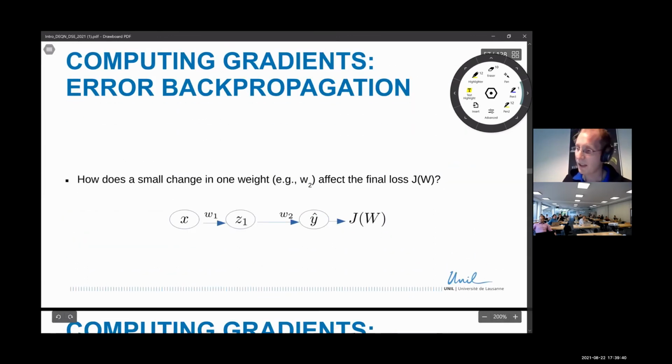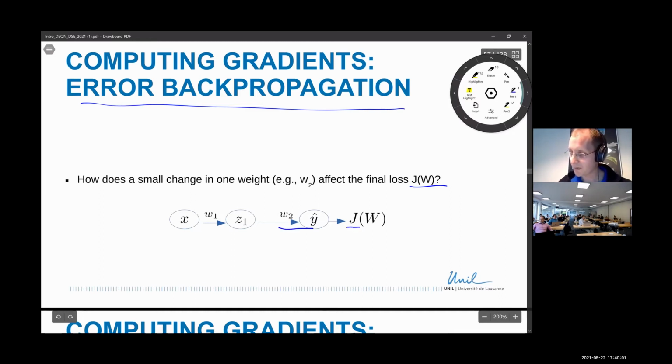And then finally, to come back to why it's important to have the gradients available from the activation functions: this is called error backpropagation. At the end of the day, I need the gradient of the loss function with respect to the parameters.